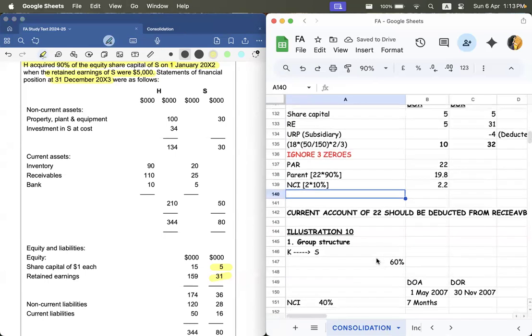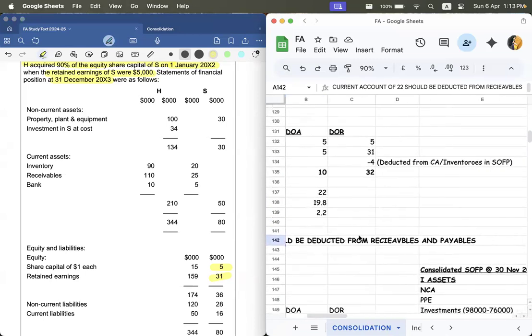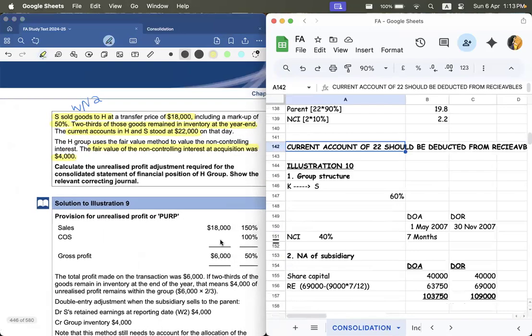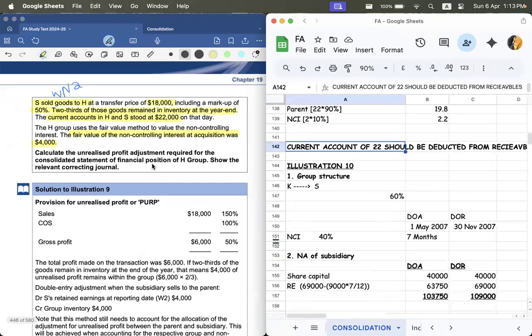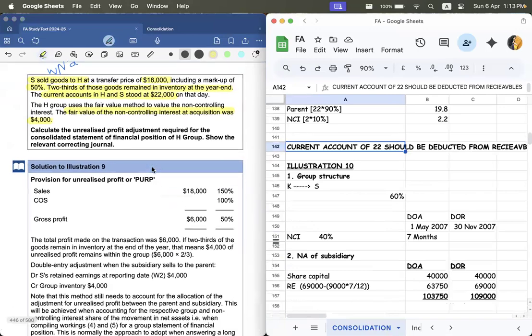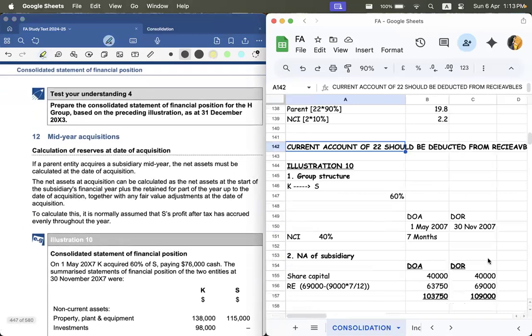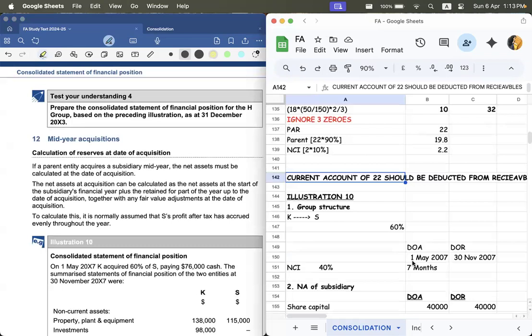Now, the current accounts of 22 is deducted from receivables and payables. Understood? So that is what they asked: calculate unrealized profit and show how the current accounts stand. Now, NCI is 22 into 10%, right?